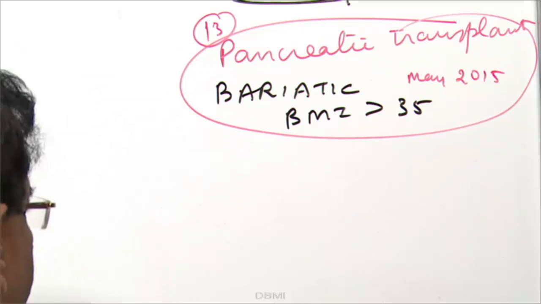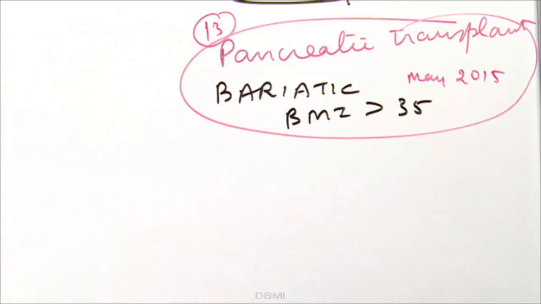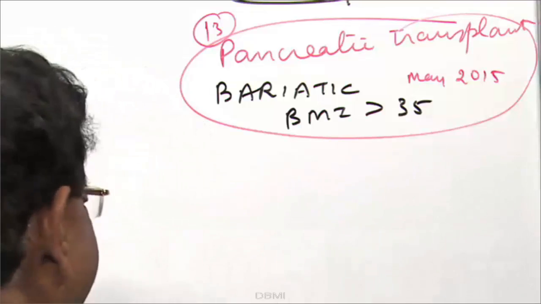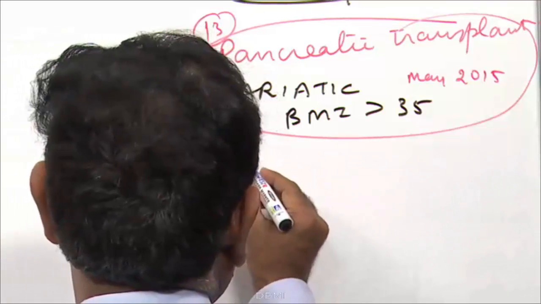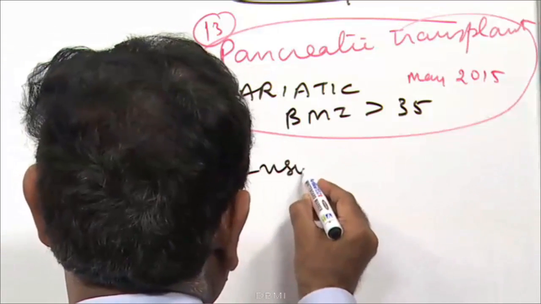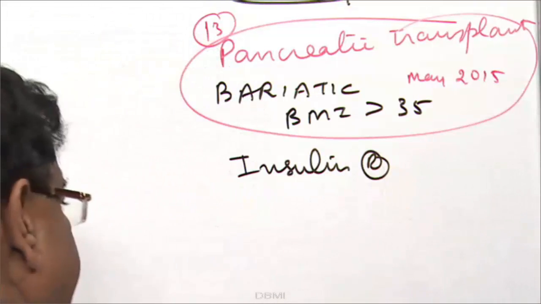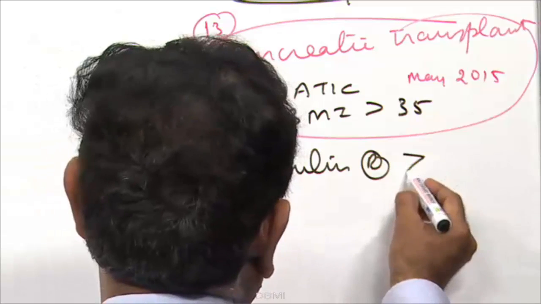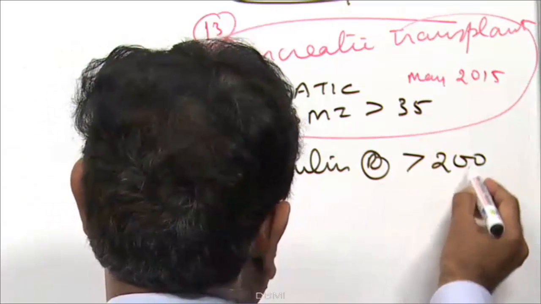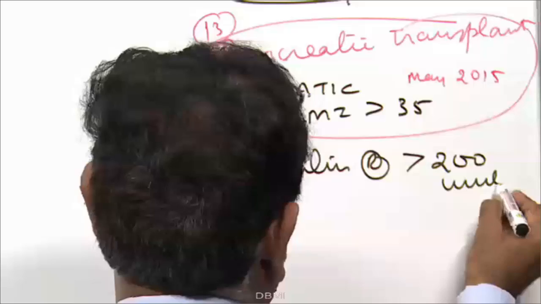Okay. Now we talk about a condition called insulin resistance, very frequently asked. We say a patient has insulin resistance if the requirement of insulin is more than 200 units per day.